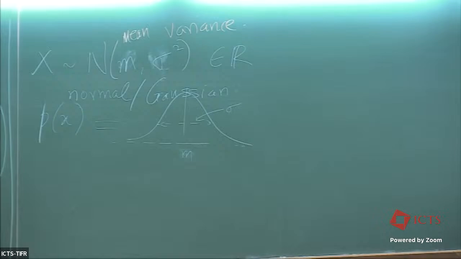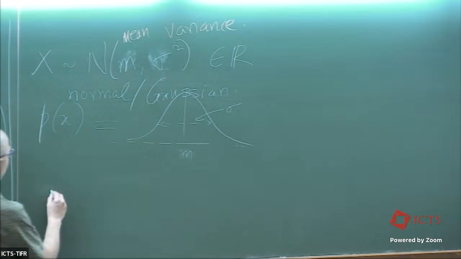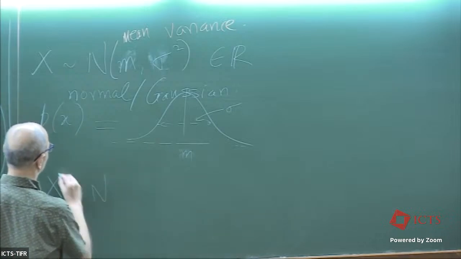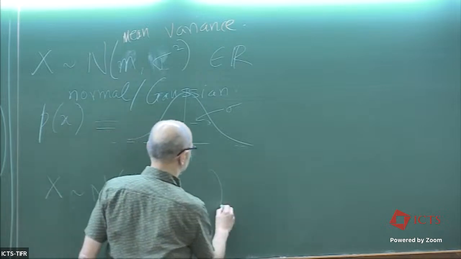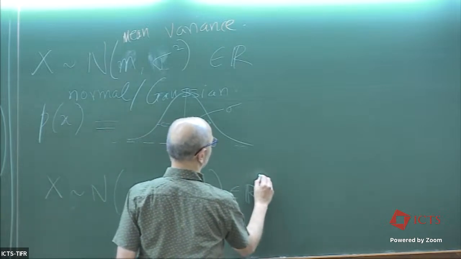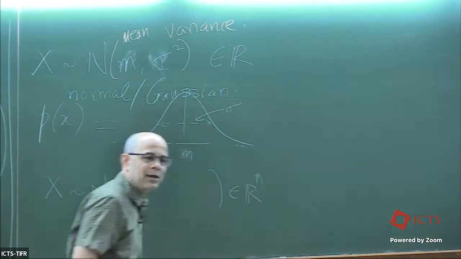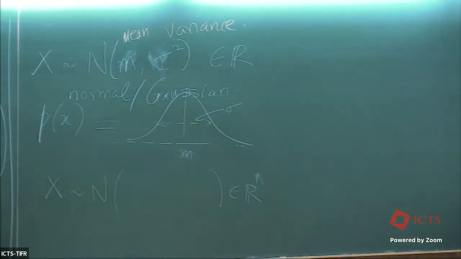Right? In order to go to higher dimensions, because we were talking about systems of differential equations in, let's say, Rn, Lorenz system is in R3, three-dimensional. So we will have to talk about higher dimensional random variables, and I'll for now just stick to Gaussian random variables. So if x is again a normal, so this N is for normal or Gaussian, in, say, R2. Okay, let me just write it for Rn for now, and n equal to 2 will be a Gaussian random variable in R2. We need to specify the mean.